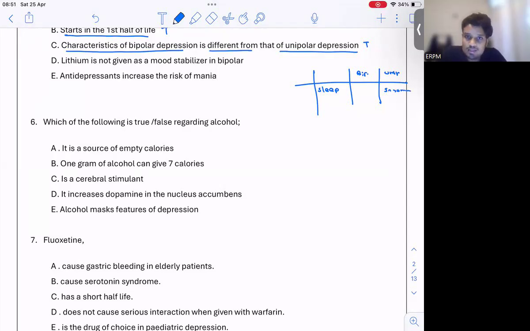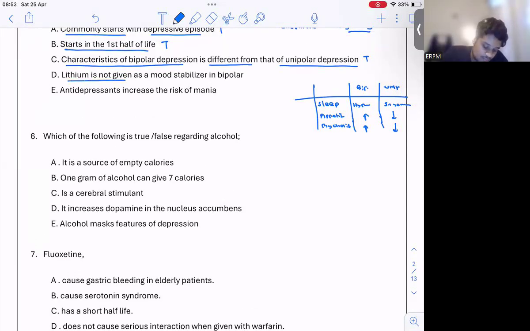But in bipolar, you commonly get hypersomnia. Okay. Then appetite. Appetite is usually decreased in unipolar and increased in bipolar. Then psychotic features are less common with unipolar depression, but more common with bipolar depression. Like so, there are certain differences between bipolar and unipolar depression. That is true.